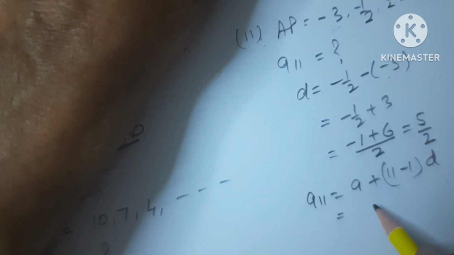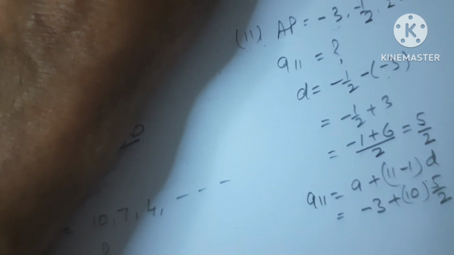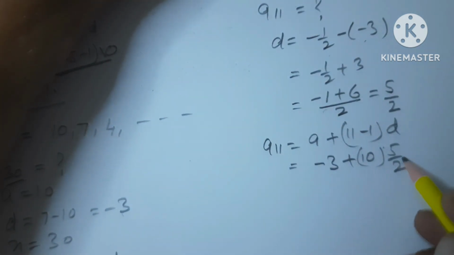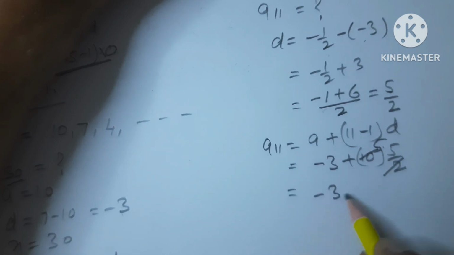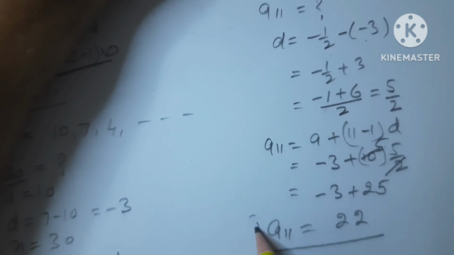A is minus 3 plus 10 into 5 by 2. D is 5 by 2. So this is 5. This is minus 3 plus 25, which is equal to 22. A11 is 22.